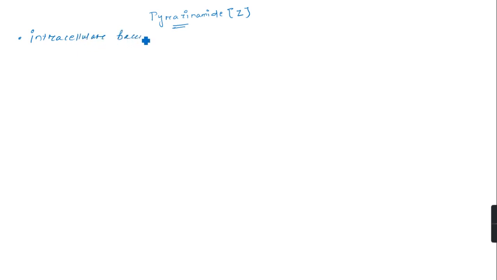The second important point is that it is only active in acidic medium. Then what is its mechanism of action? It is synergistic with isoniazid, so it acts by inhibiting mycolic acid synthesis.